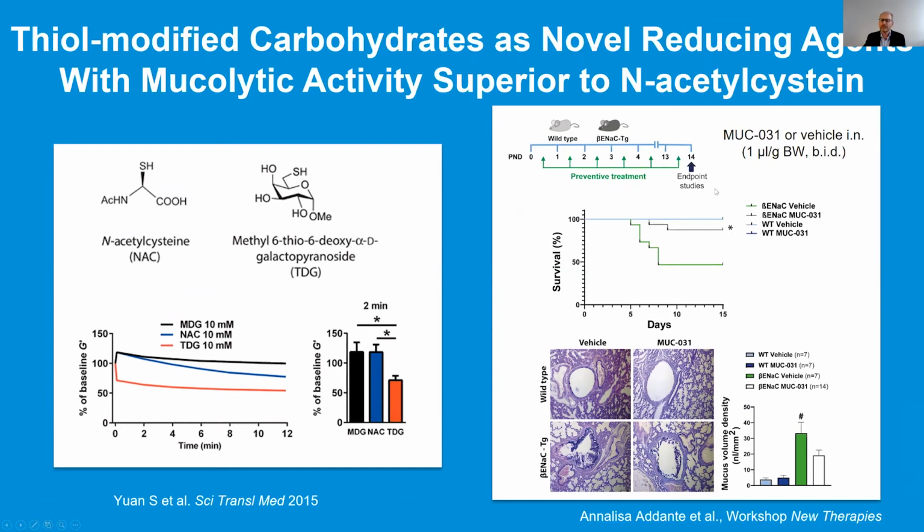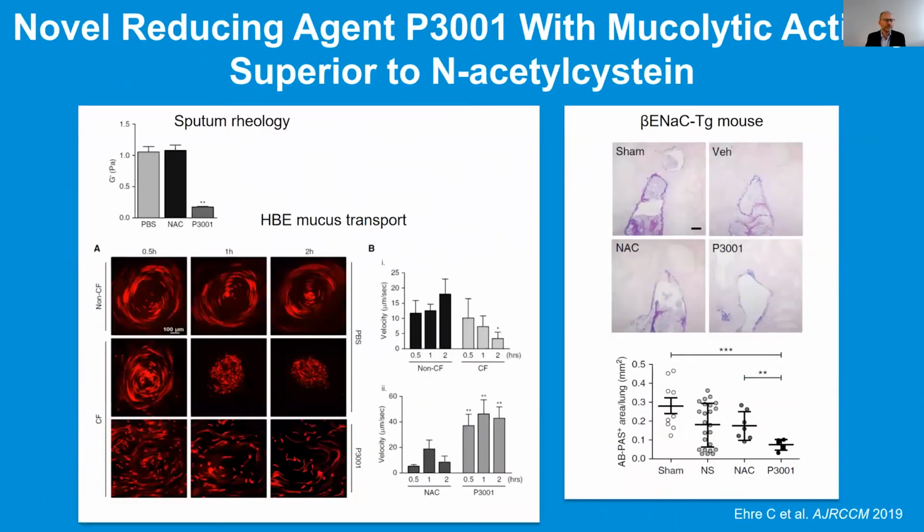And recently we had an opportunity to study one of these new reducing agents in the beta-ENaC transgenic mouse, where in a preventive setting, i.e. starting the treatment from birth for a period of 2 weeks, we could show that these thiol carbohydrates reduced the spontaneous mortality as well as the intraluminal mucus content in this mouse model. And additional information on these studies will be provided by Annalisa Ardante on her poster and workshop session.